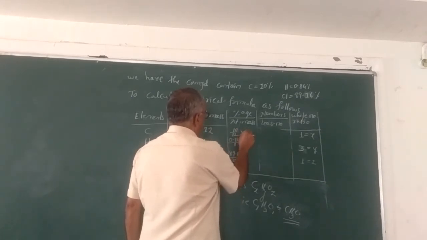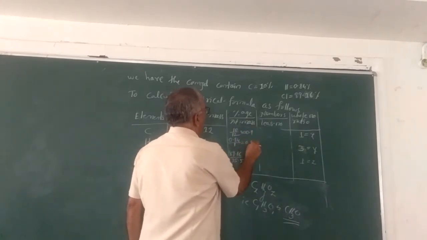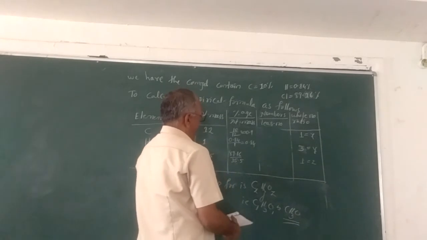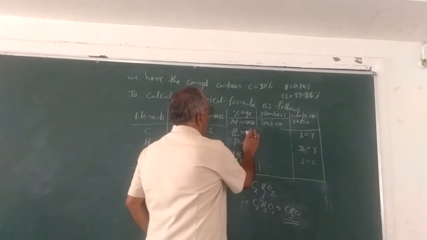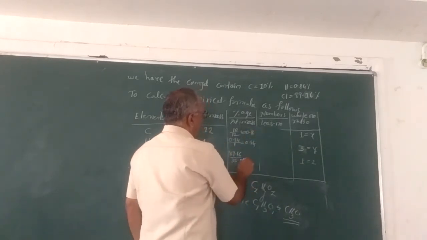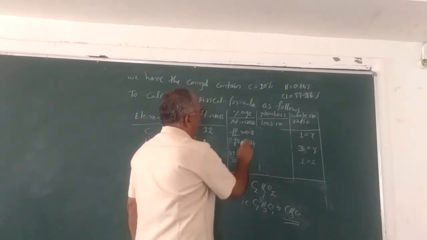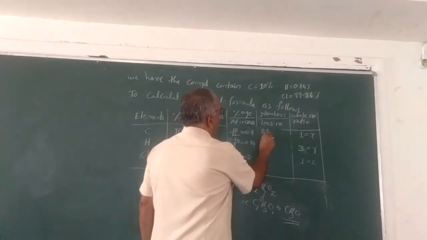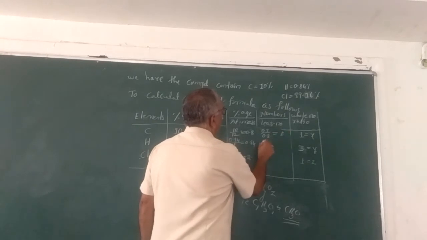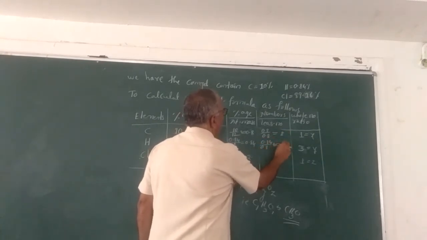So this is nearly 0.83, this is 0.84, and this is 2.5. So 0.83 is the least number, you can divide it. 0.83 divided by 0.83 you will get 1. 0.84 divided by 0.83 you will get nearly 1.